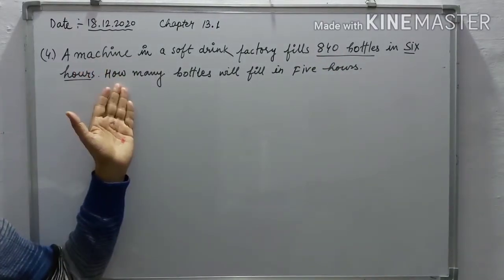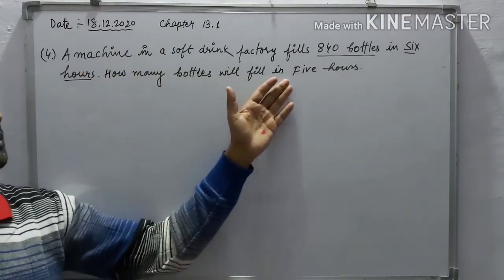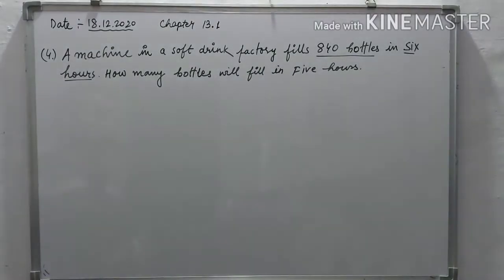Find how many bottles will be filled in 5 hours. The machine is fixed: it will fill a constant number of bottles per unit time, so we compare time and the number of bottles.